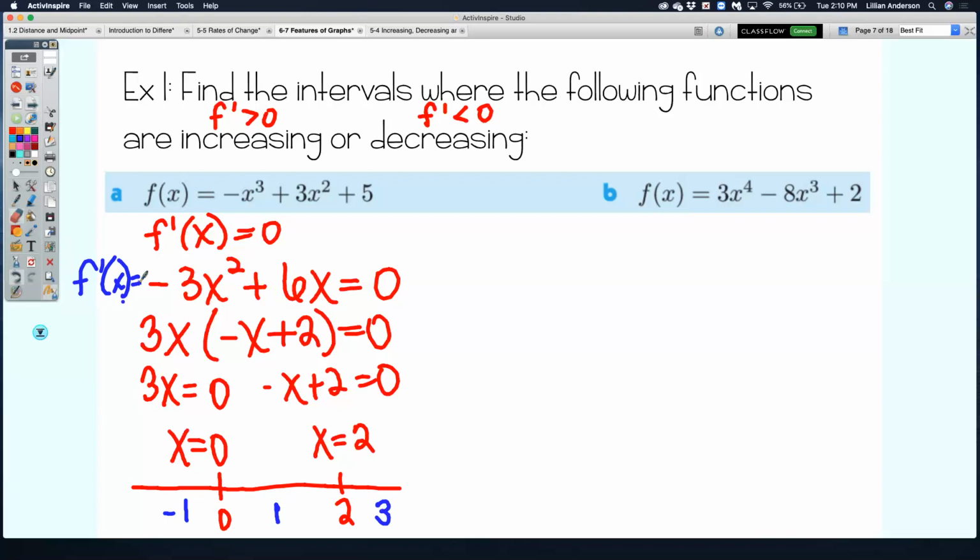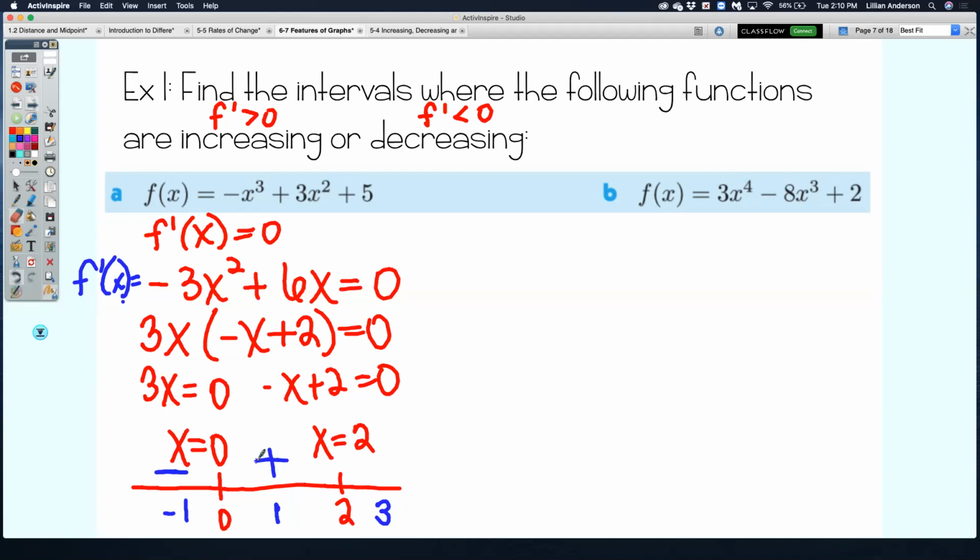So if I plug -1 into the first derivative, I'm not concerned about the number. I could care less about the number. I'm more concerned about the sign. When I plug in -1, does it give me a positive number or a negative number? When I plug in -1 into the derivative, it's going to be negative, because you'll end up with -3 minus 6. What happens when I plug in a +1?